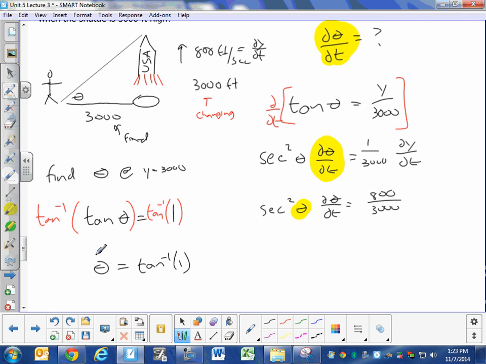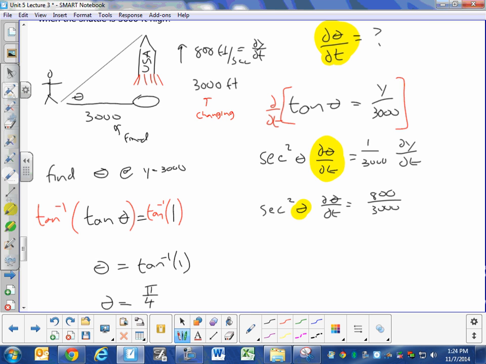You should get 0.7853981634. Don't cut that off. Don't round that. Leave that. But go ahead and plug in pi over 4 and check to see that it's the same answer. Okay? So we get that decimal or pi over 4.